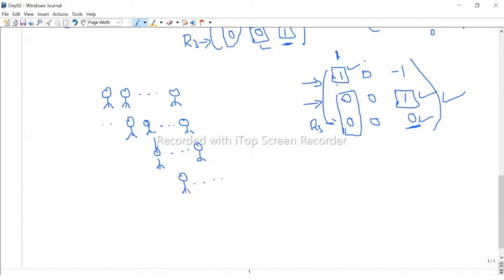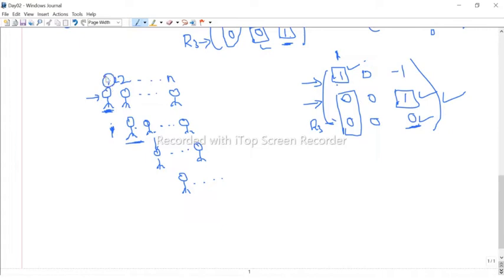Once you find the first position in the first row, the first position in the second row should be after this position. Maybe this is the first position, this is the second position, this is the third position, and so on up to the nth position.